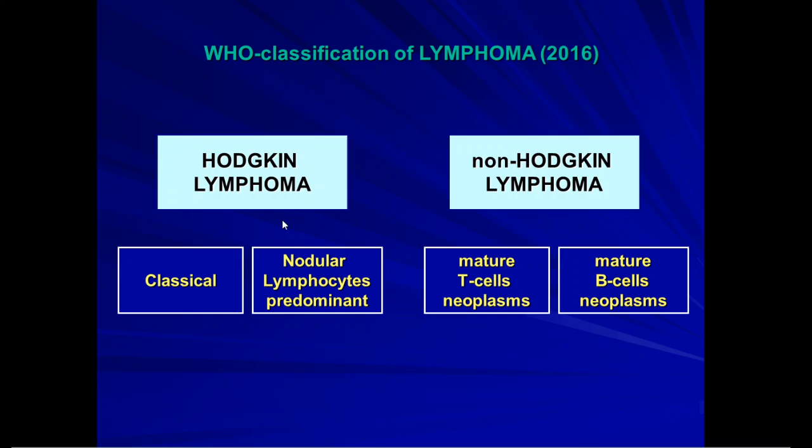Hodgkin lymphoma could be classical, with 4 main variants, and we will see each of them right now, and the non-classical variant, so-called nodular lymphocyte predominance. Non-Hodgkin lymphoma is divided into 2 groups as well: mature T cell and mature B cell neoplasms, from T cells and from B cells.